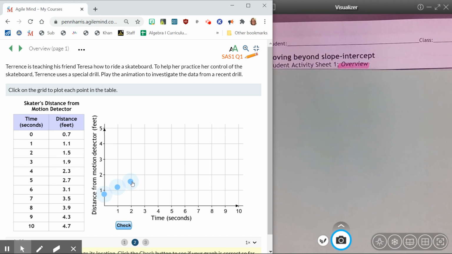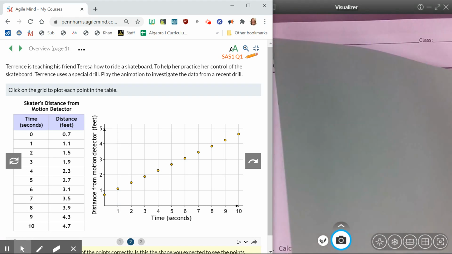Guys, these aren't perfect, but try to get them as close as possible. 3 seconds is 1.9. 4 seconds is 2.3. 5 seconds is 2.7. 6 seconds is 3.1, 7 seconds is 3.5, 8 seconds is 3.9, 9 seconds is 4.3, and 10 seconds is going to be at 4.7. Okay, so we'll check that. It looks like it liked my points. So let's go ahead and keep going here.